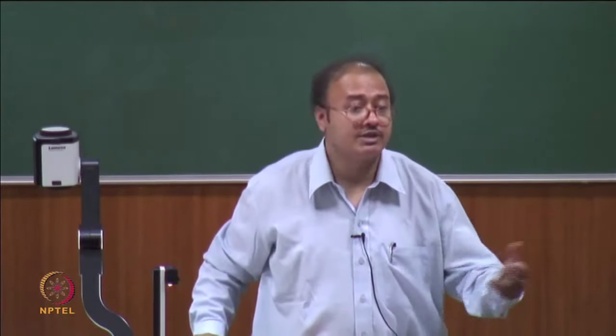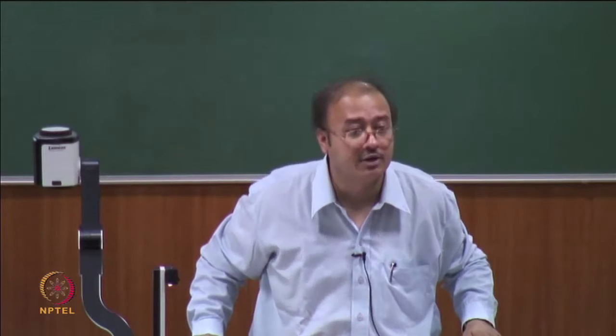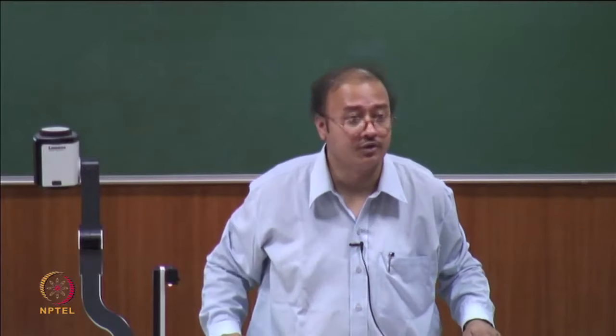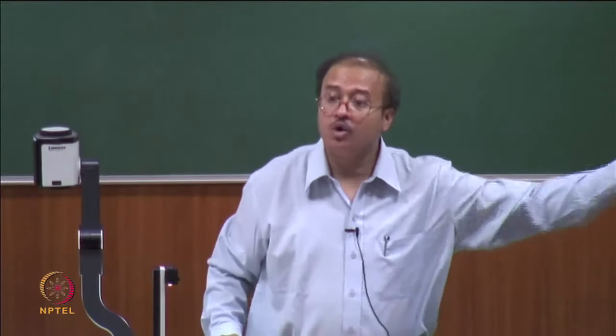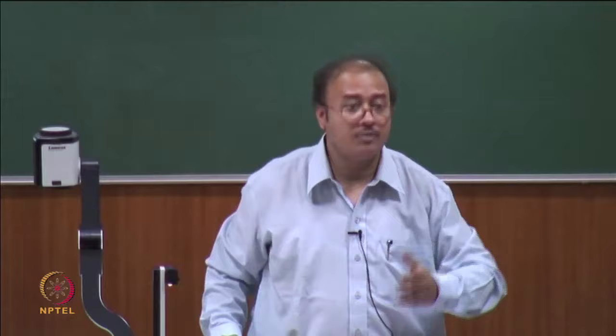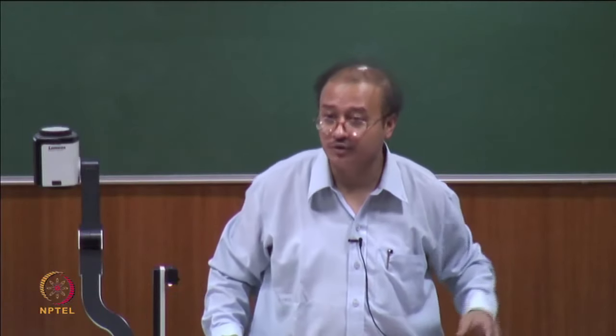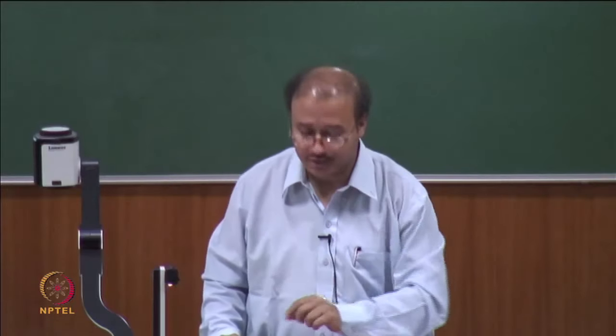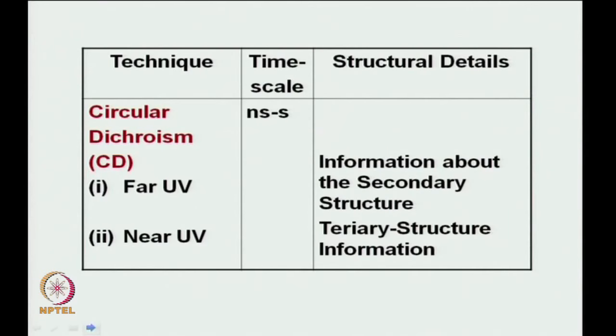Visible is from say 400 to 700 nanometers, right. So, anything which is close to 400 would be near UV, because it is near to the visible region. The farther you move lower from 400, you go to the far UV. Typically for CD, the far UV looks at secondary structure. You can see the far UV is secondary structure. So, that is alpha helix, beta sheet and all these things, right, even random coil.